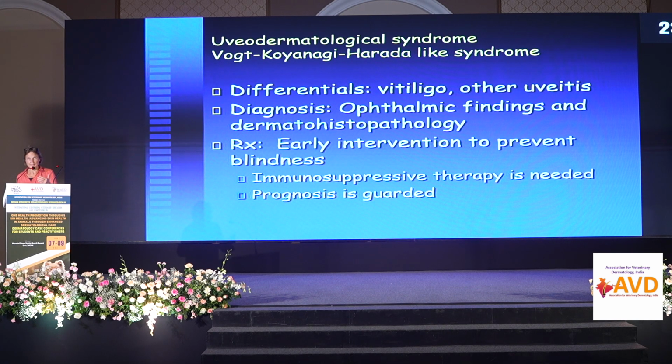If you were to make your list of differential diagnoses, you could be thinking of other autoimmune diseases, but truly once you have the uveitis and the skin disease, there is nothing like it. So you can pretty much bank on the fact that it's VKH.